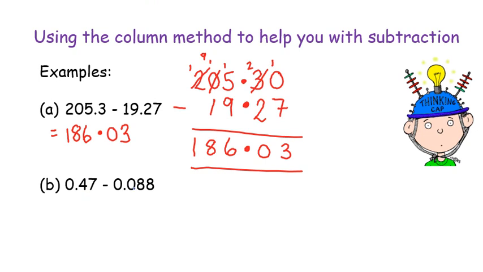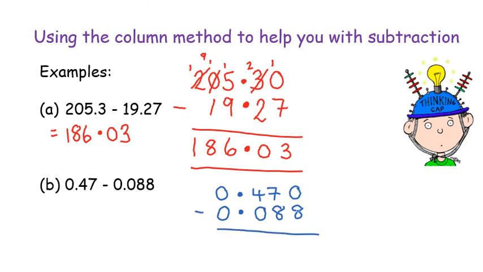As you can see in terms of its place value, we have 4 tenths but 0 tenths here. So I'm going to set this up. 0.47. Then we have 0.088. So I'm going to have to place a 0 above here.